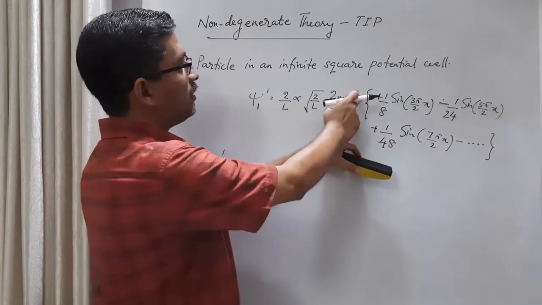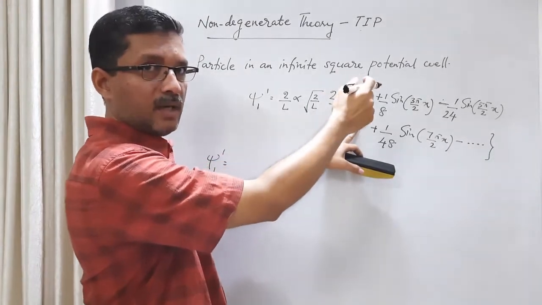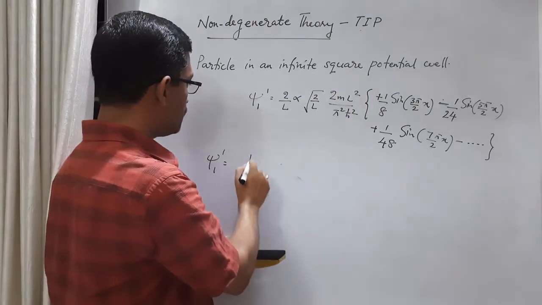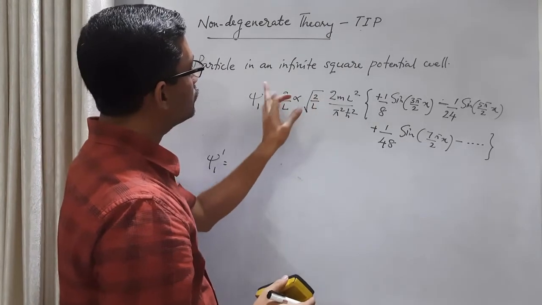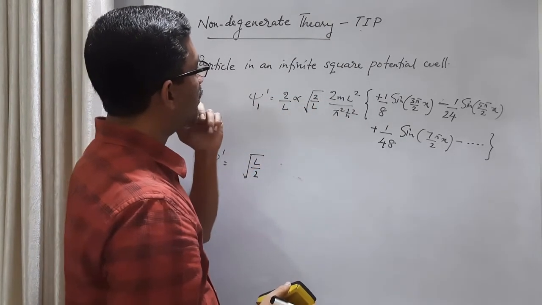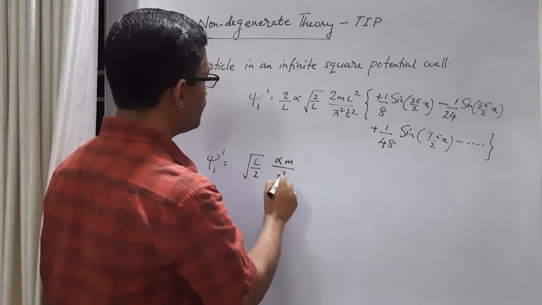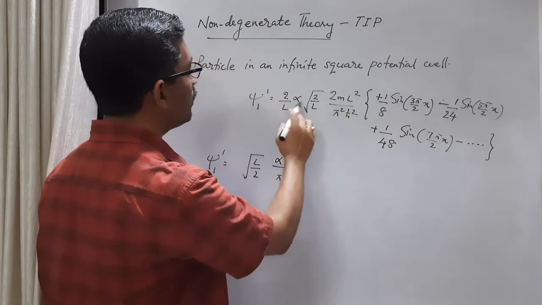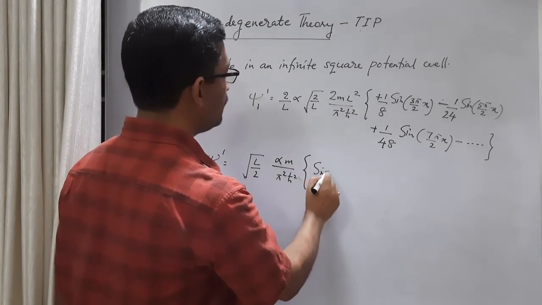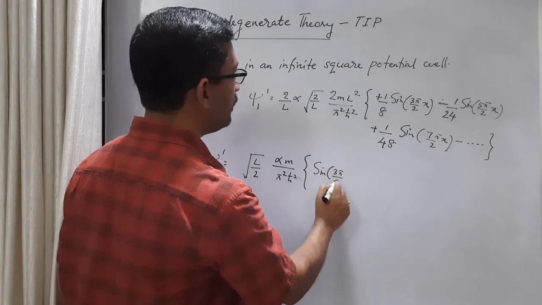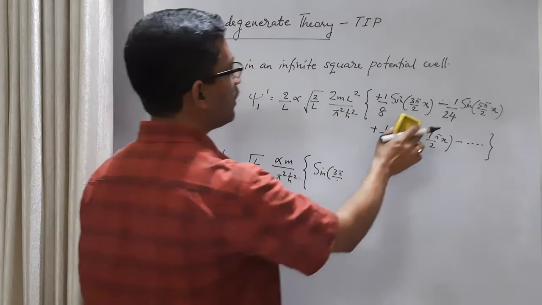And L and L square will cancel, so you have an L. This root L and L will cancel, so you have a root L in the numerator. So we have root L by 2. Okay, so the 2L are gone, and the remaining terms are alpha into m divided by pi square h cross square. And inside we have sine 3 pi by, I think this is L, not 2.